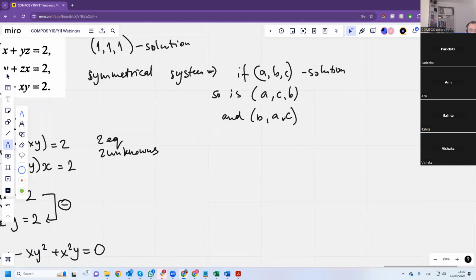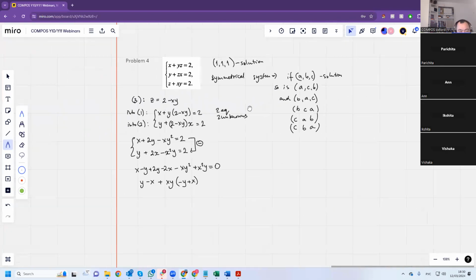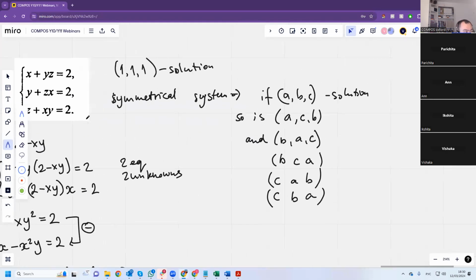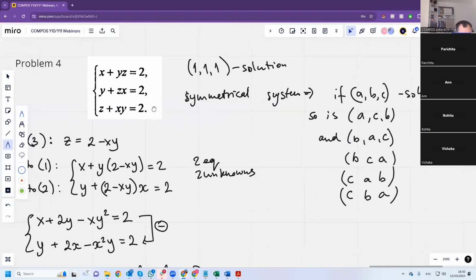So if you find a solution, all 6 permutations will be solutions as well: BCA, CAB, CBA. If you manage to find a solution, then all the permutations of that solution will also be a solution because of the symmetrical nature of the system.